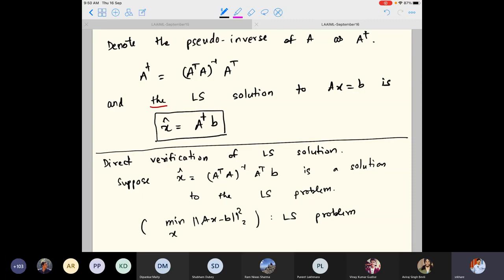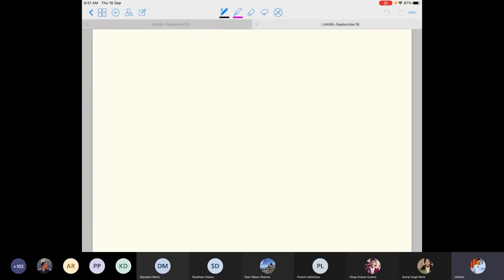So x hat is this. We want to verify that x hat is actually the solution. So we start with this norm of Ax minus b whole square. And what do I do? I write Ax minus Ax hat plus Ax hat minus b. Add and subtract this Ax hat.